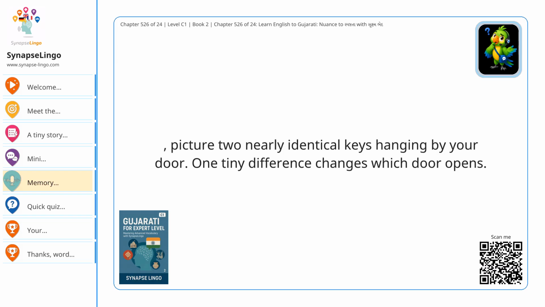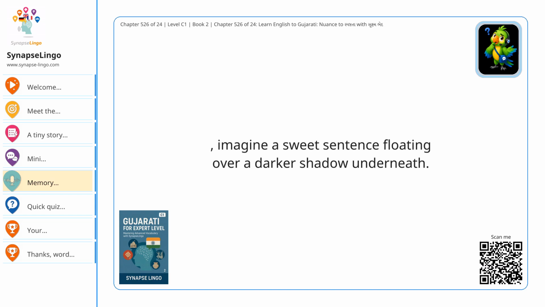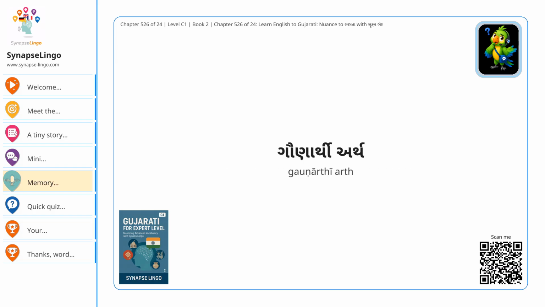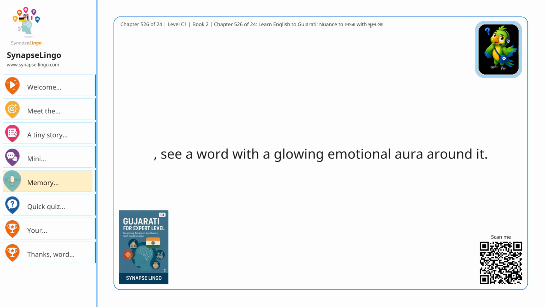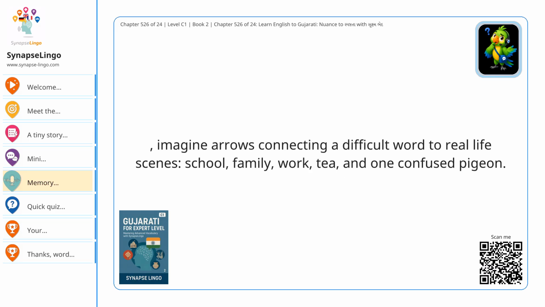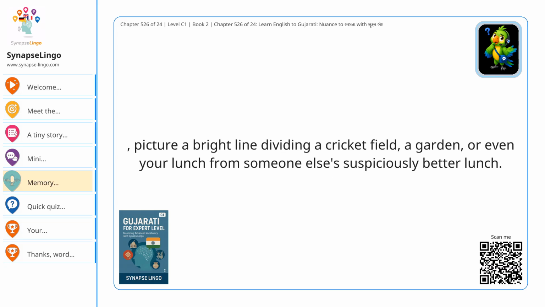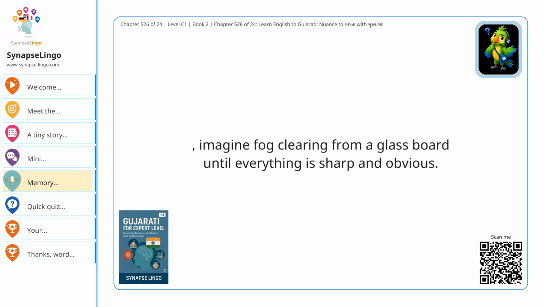One tiny difference changes which door opens. अंतर्निहित भाव: imagine a sweet sentence floating over a darker shadow underneath. गौणार्थी अर्थ: see a word with a glowing emotional aura around it. अर्थघटन: picture a professor unlocking a book with a giant golden key labeled meaning. संदर्भीकरण: imagine arrows connecting a difficult word to real-life scenes: school, family, work, tea, and one confused pigeon. अलगीकरण: picture a bright line dividing a cricket field, a garden, or even your lunch from someone else's suspiciously better lunch. स्पष्टता: imagine fog clearing from a glass board until everything is sharp and obvious.